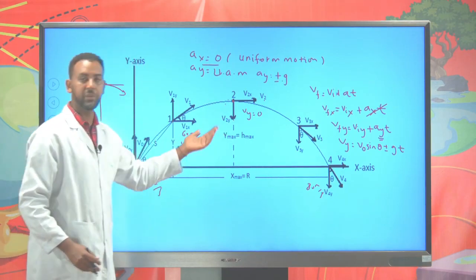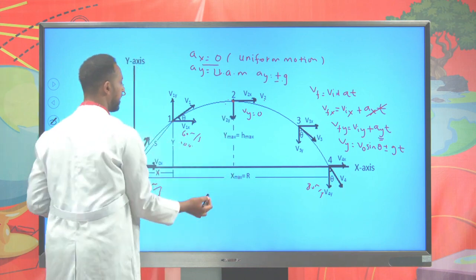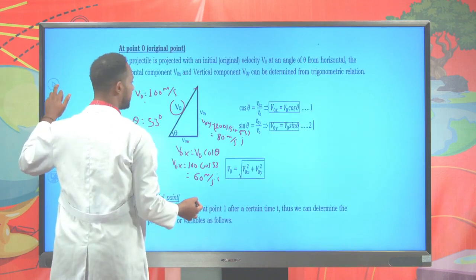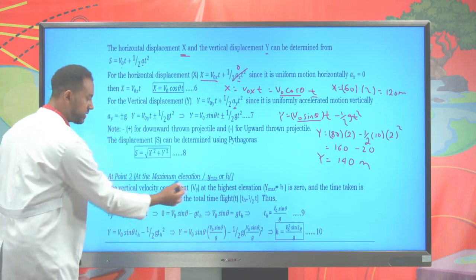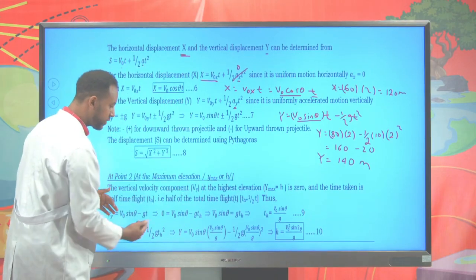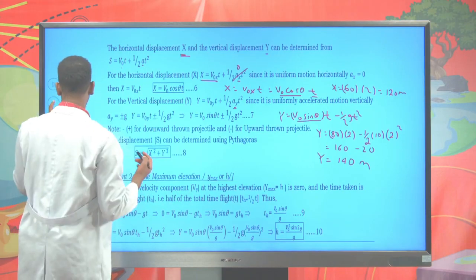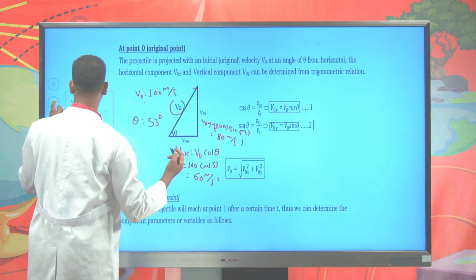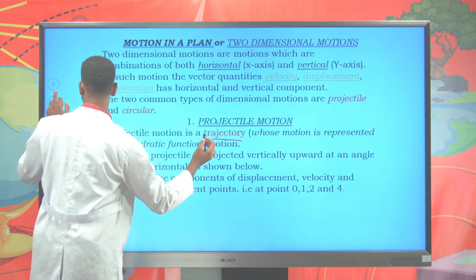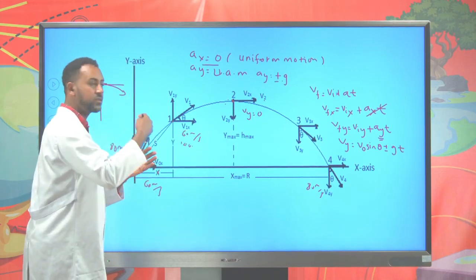And at maximum height, the maximum possible vertical height, it's possible to find the time interval. While the projectile reaches maximum height, meaning as it reaches here, it took half of the flight.